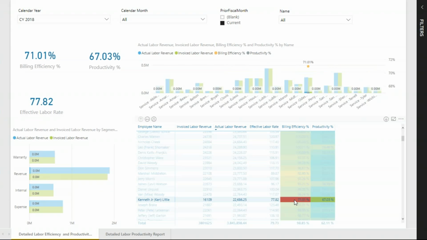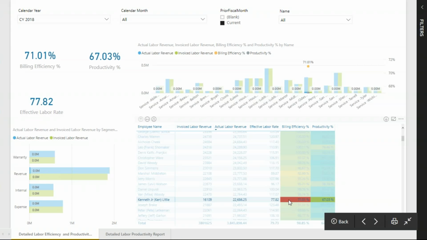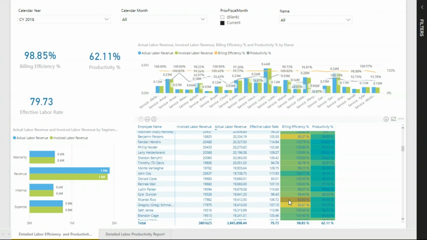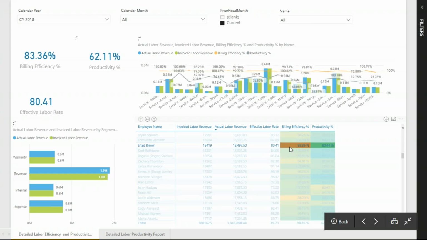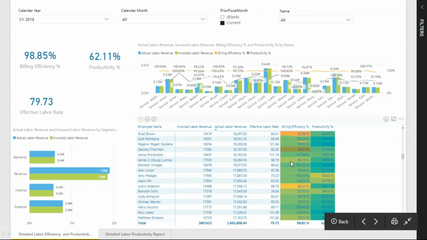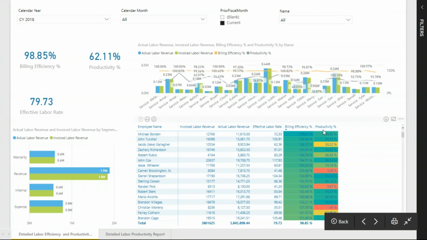Interesting, and I think he is from Odessa. The rest looks alright, they're mainly in the 90s, and this is the 80s: Shad Brown, Amarillo, all those guys. You can just sort it the other way around. Oh, that's super useful.